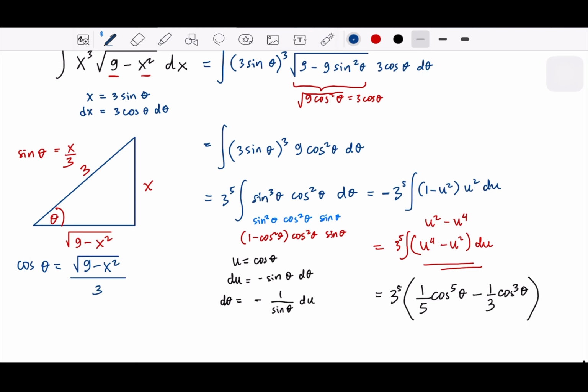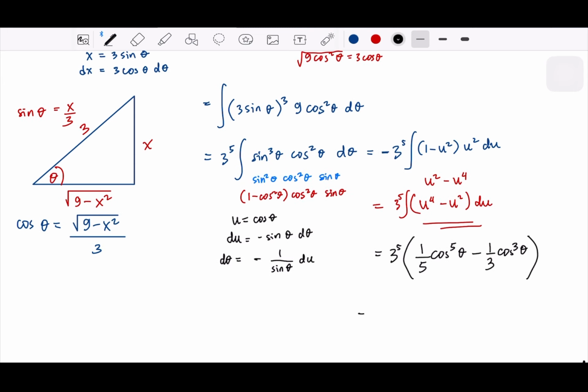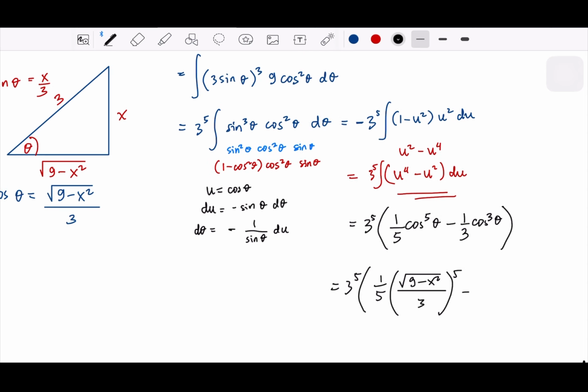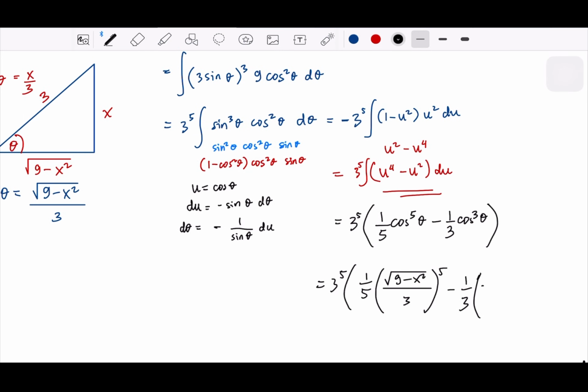And now we can substitute this cosine into our equations. So 3 with power of 5, 1 over 5, and then write all here with power of 5. It's like a crazy number here, but I think it's still okay.